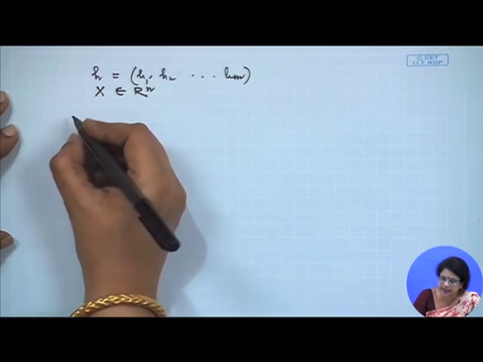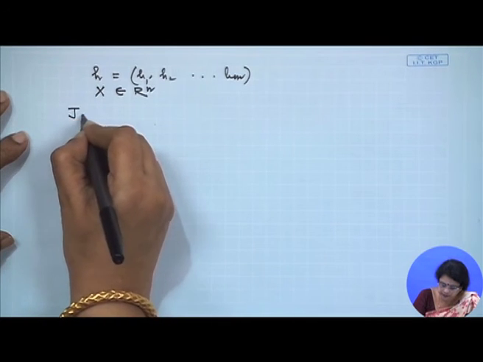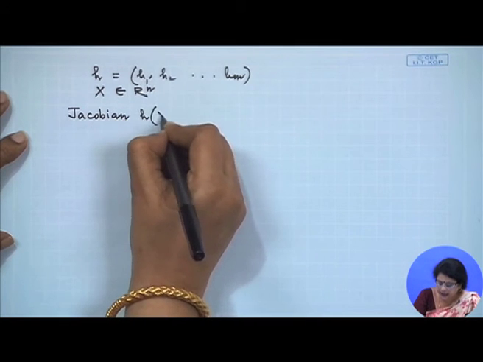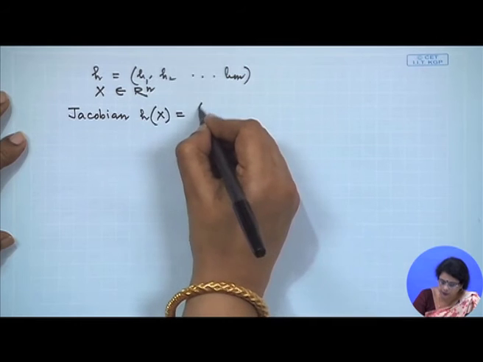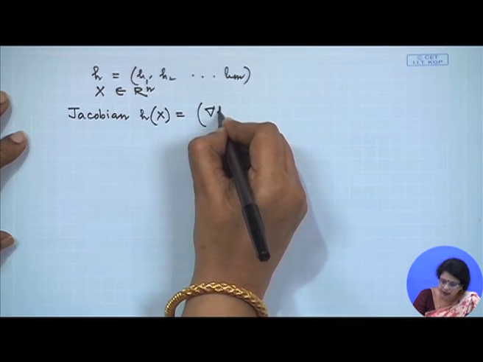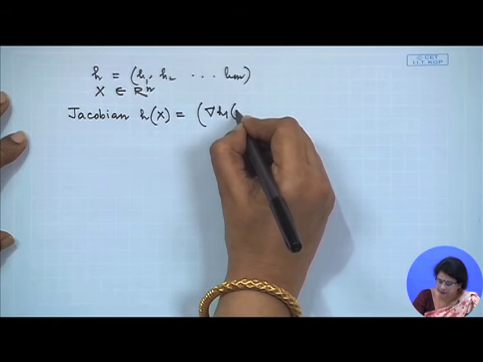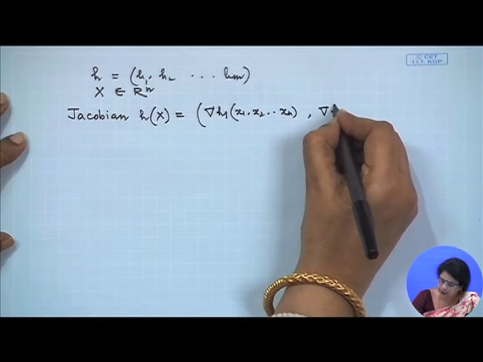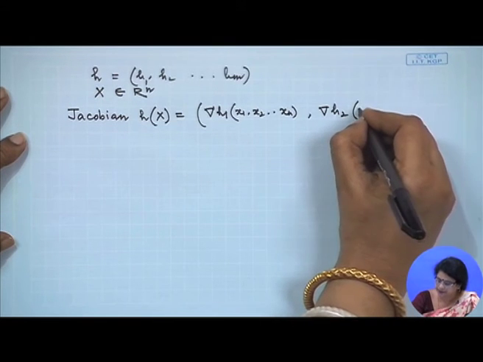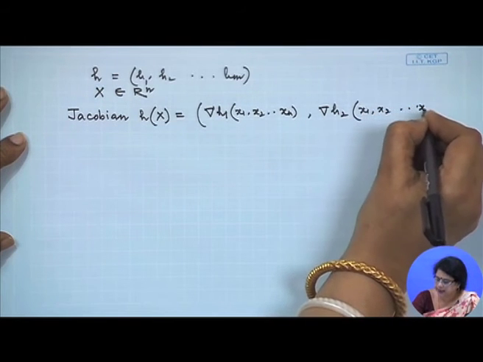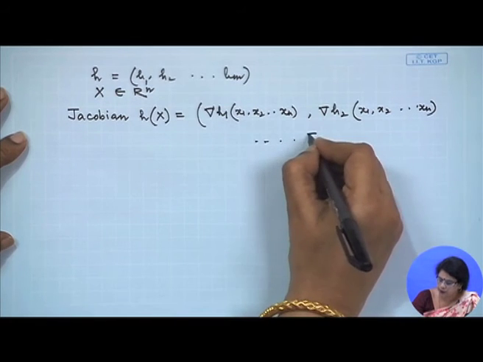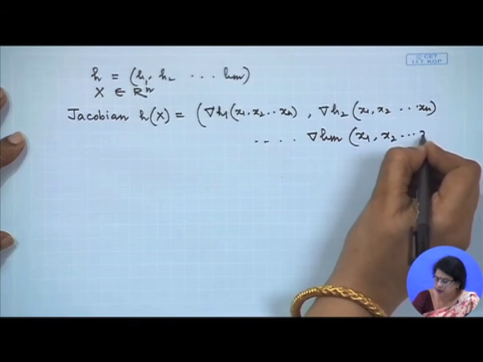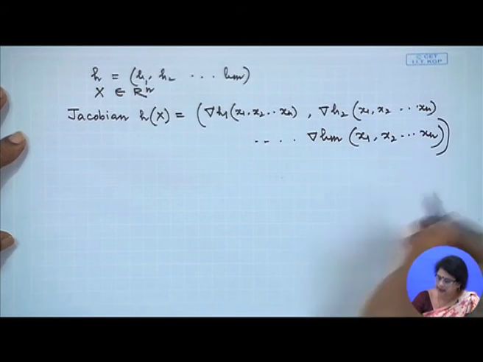Now, if we consider the Jacobian of H(x), it is equal to grad of H1 at x1, x2, up to xn, grad of H2, which is a vector, up to grad of Hm. This is the Jacobian.